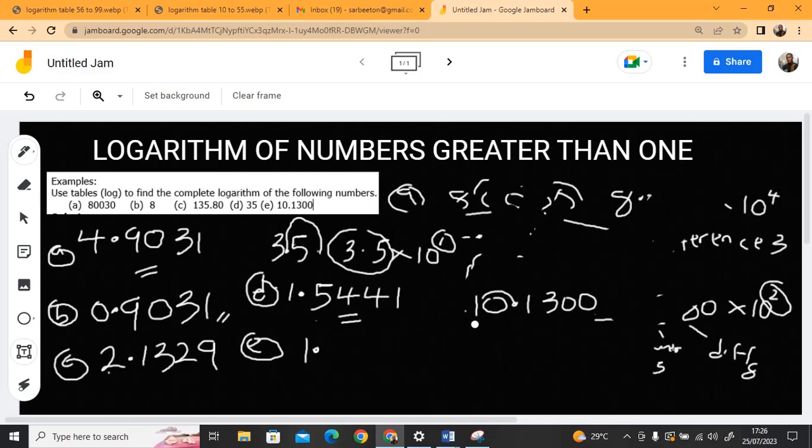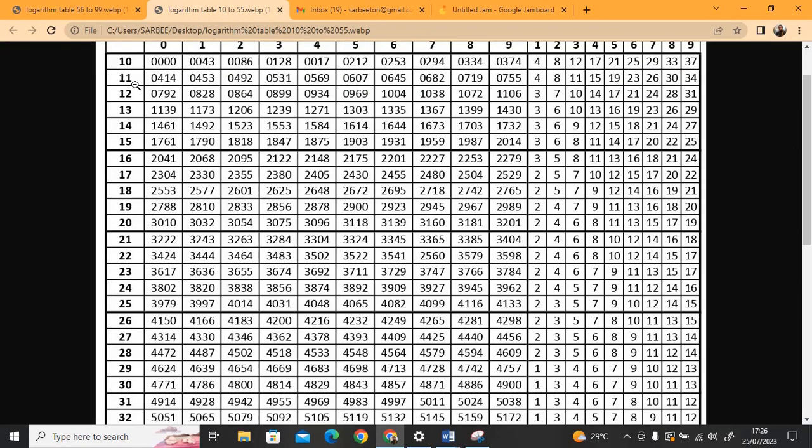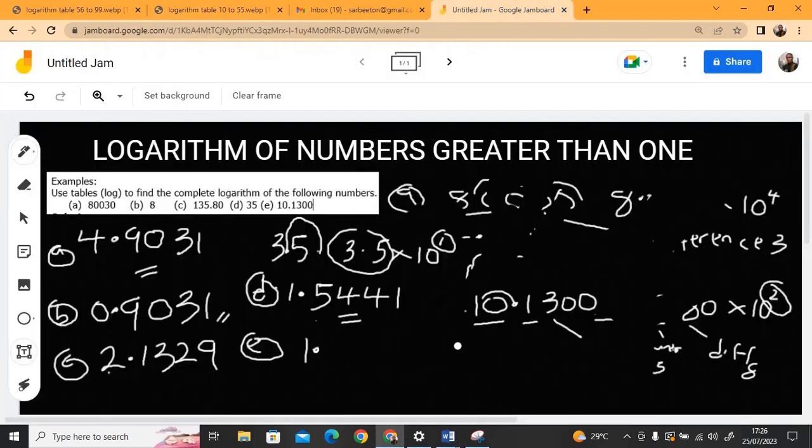So you check for 10 under 1, difference 3. Let's check that together using our logarithm table. Logarithm of 10 under 1 is 0043, and difference 3 is 12. So 0043 plus 12.